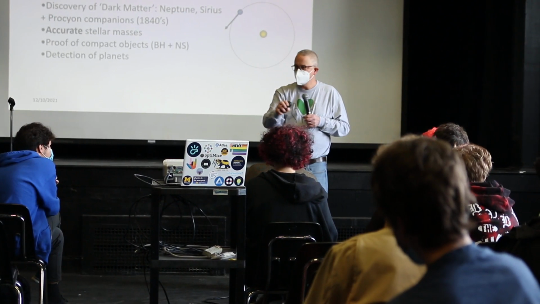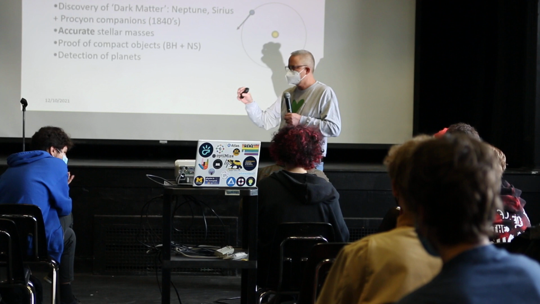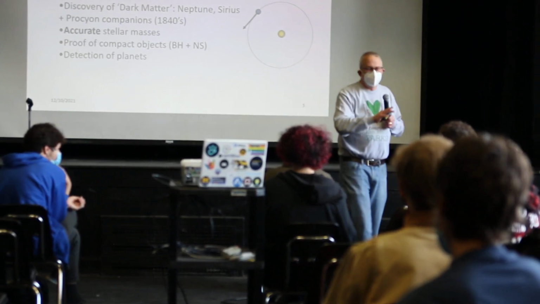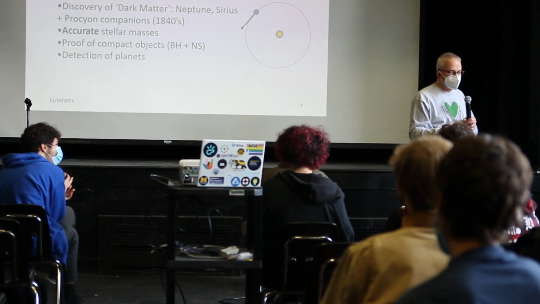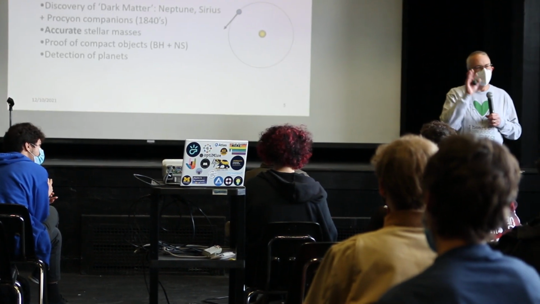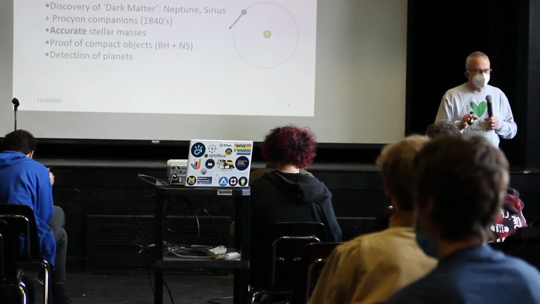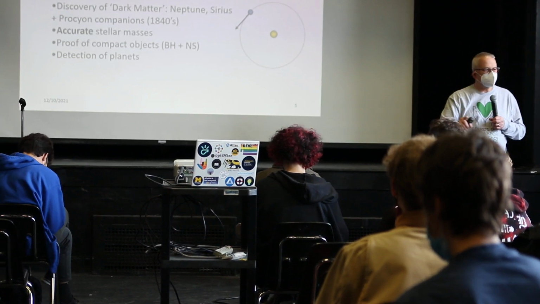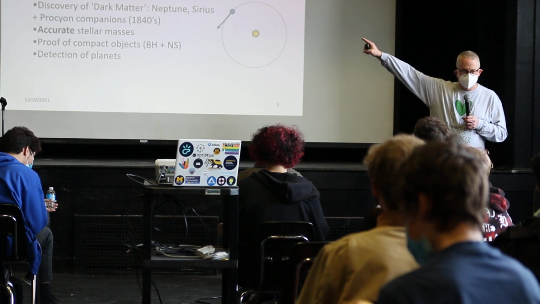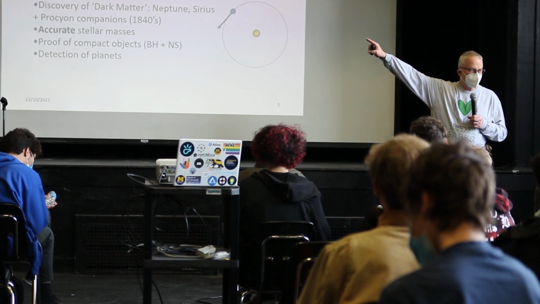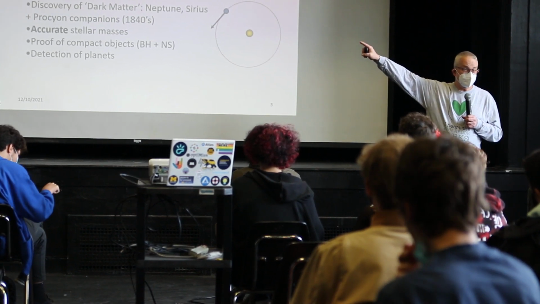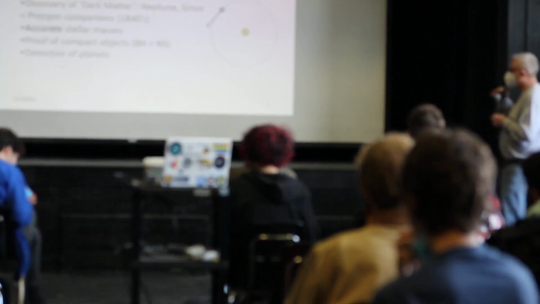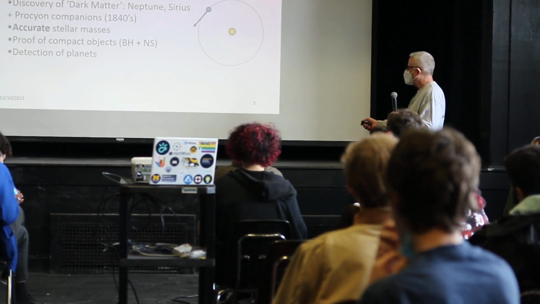And that told them that something they didn't know about was tugging on Uranus. And believe it or not, with no calculators and no computers, they were able to work out what it was that was tugging on the planet. And say, there needs to be another planet right there. And they looked, and they found it. Right? So this gravitational detection of something invisible was first done with Neptune.